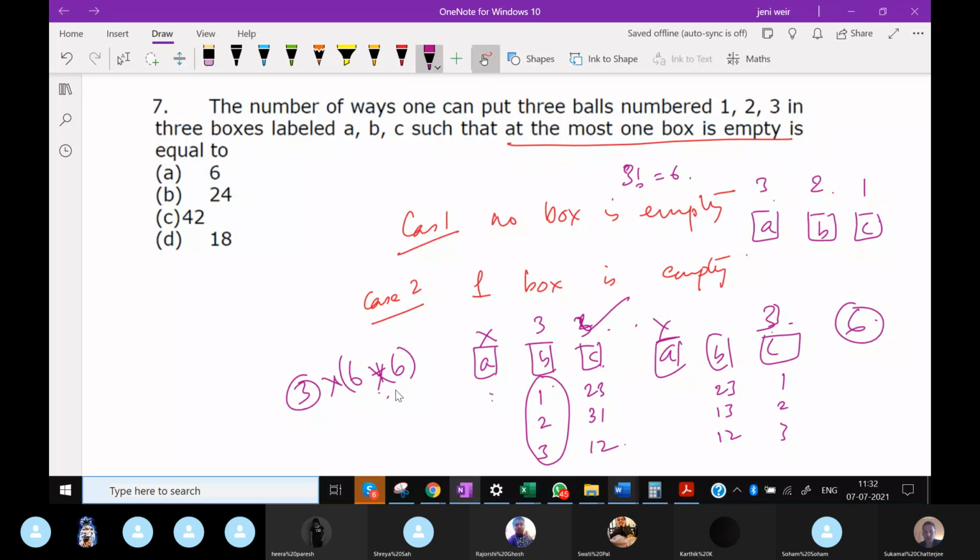Into 6, right? So that is giving me 108. But my options are 6, 24, 42, and 18. Right? So what is happening here?